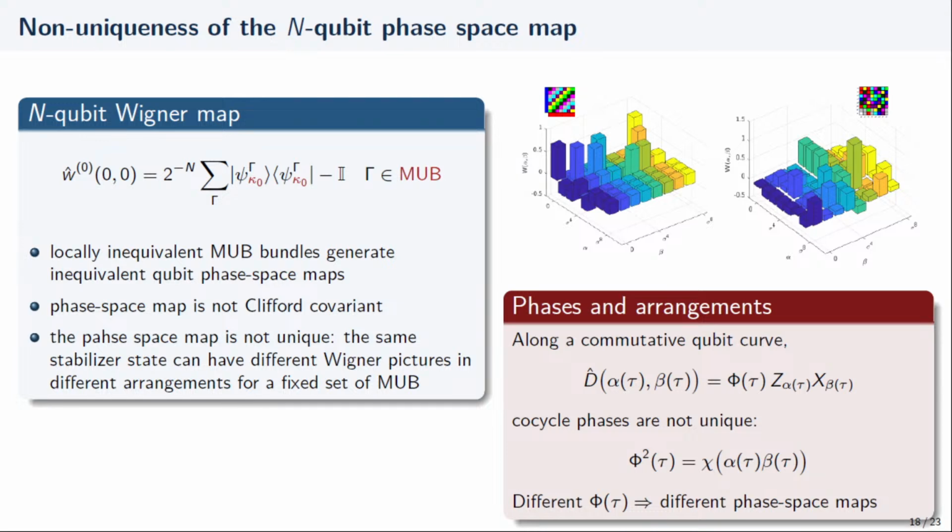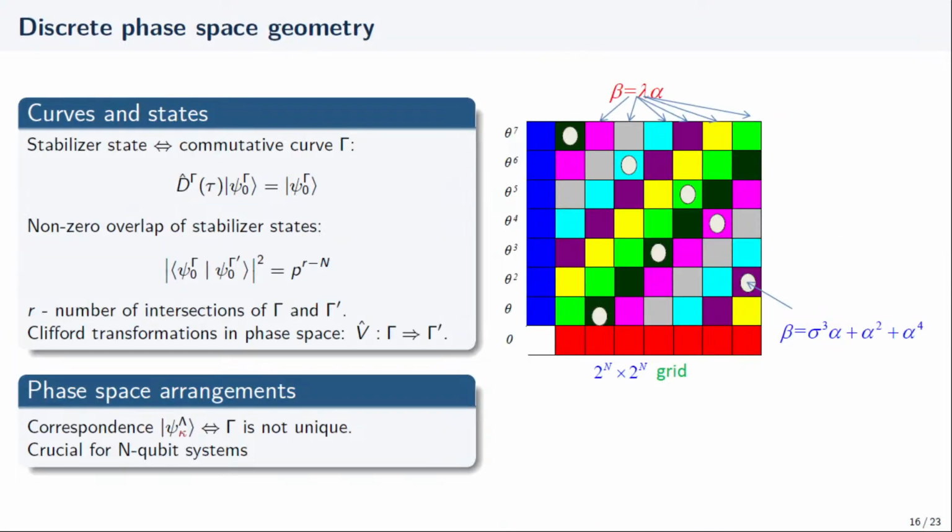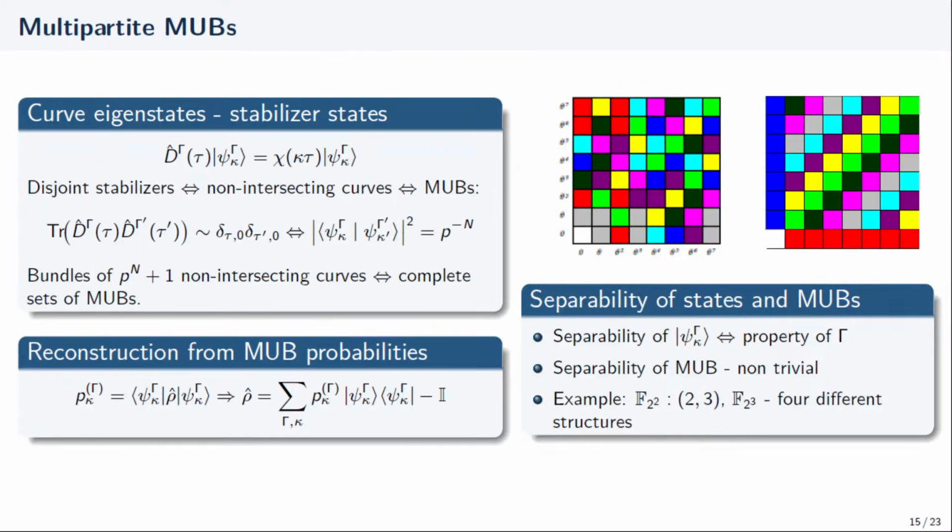For qubits there are different phase spaces. For instance, one phase space is this, and this is another phase space. These are different phase spaces because they are based on different sets of commuting operators.